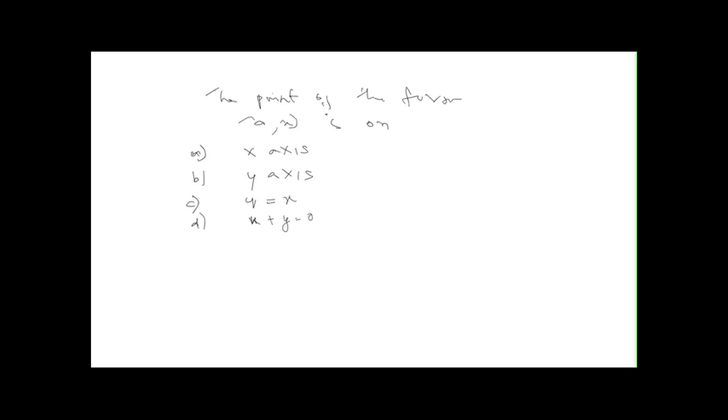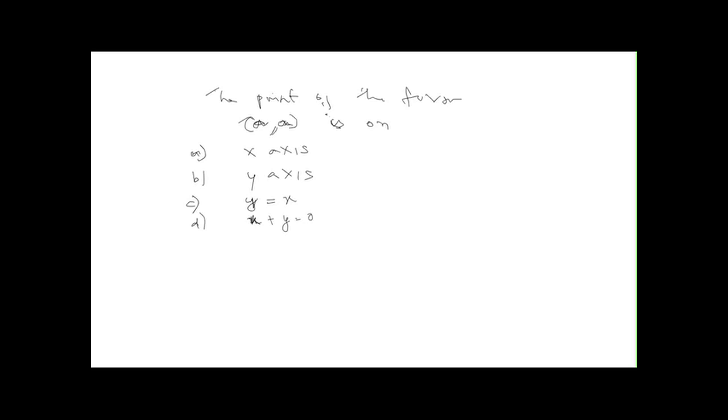Can you repeat the question, ma'am? The point of the form A comma A, where both x coordinate and y coordinate are equal, where is it? Both are equal. A equal to A.